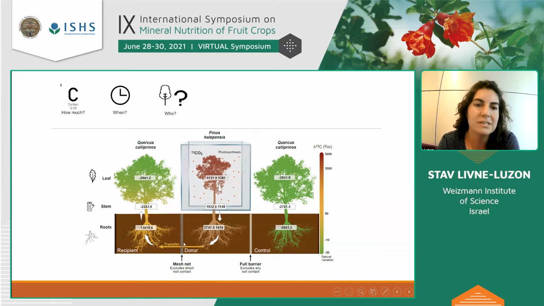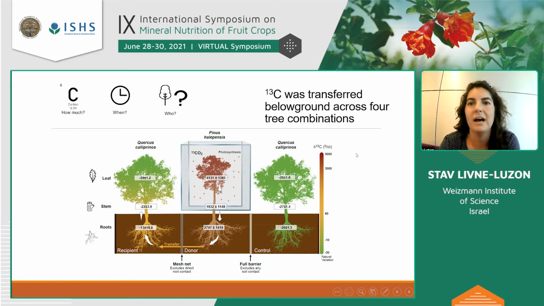But what was interesting was to find this labeling in the roots of the recipient plant, and moreover in the stems of this recipient, while the leaves of the recipient remained clean for the entire experiment, as well as the control plant, which was completely excluded from the mycorrhizal fungi, and it remained clean from the labeling throughout the entire experiment, suggesting that carbon-13 was indeed transferred below ground.